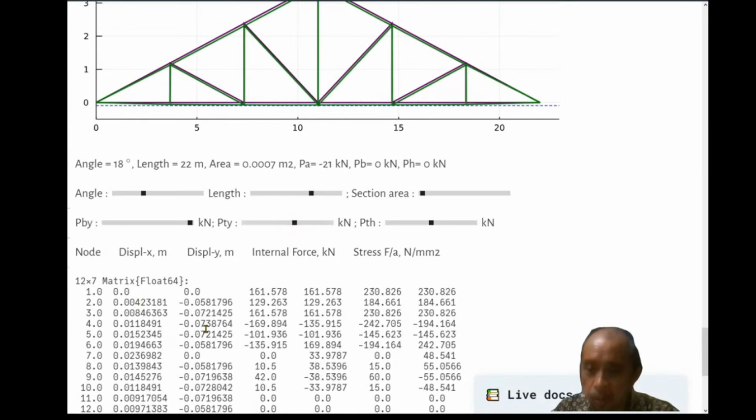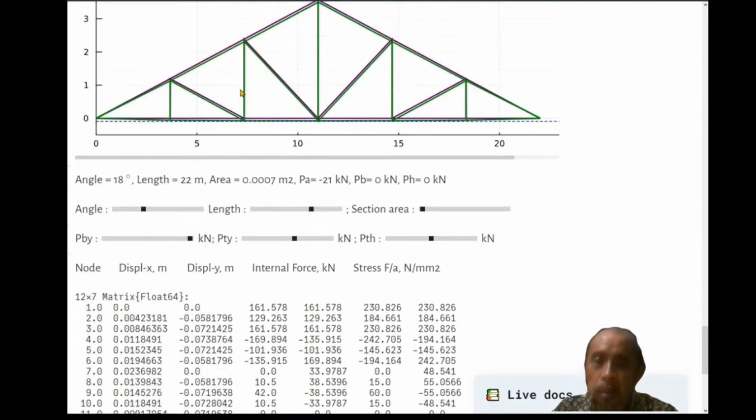So the deformed truss is the green one, and the undeformed truss is the purple one.